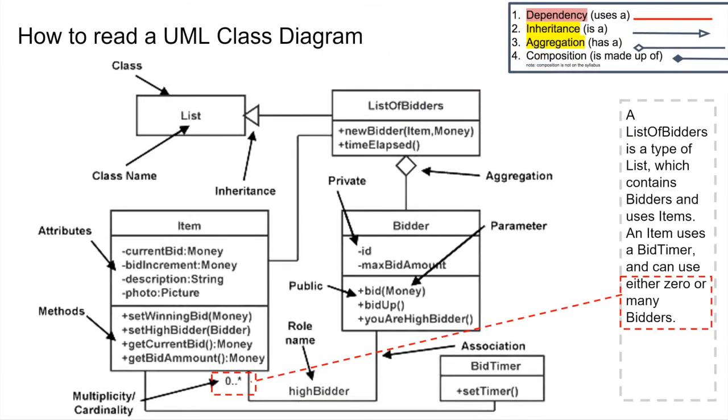So let's read this UML class diagram. There's a general class called a list, and a list of bidders extends that or inherits from list, so therefore it is a type of list. A list of bidders contains bidders. There's a class called an item, which again is related to a list of bidders, but not specifically explaining how.